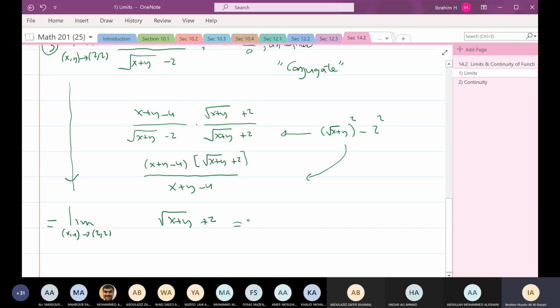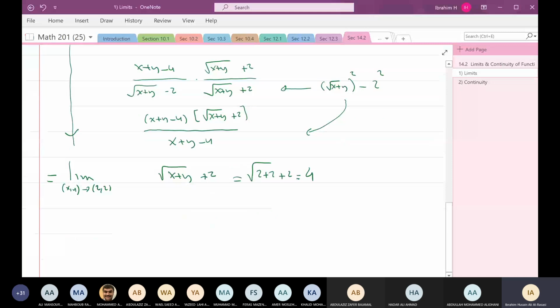You get root 2 plus 2, plus 2, equals 4. Again, using the conjugate. Factorization or the conjugate. By just recalling the basic techniques of Math 101, I am refreshing your memory here. There is nothing really new up to now.